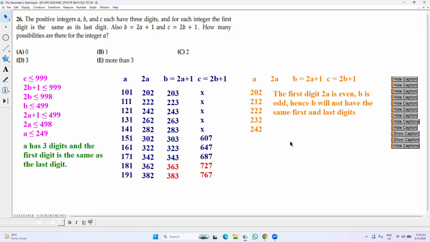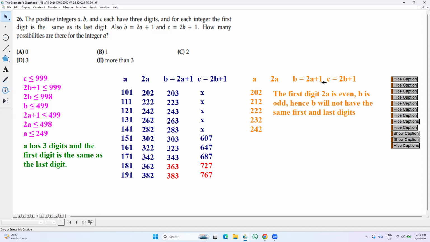If no carry forward, it will remain even. 24, 48 only, it will remain even. Then if we add 1, all of these will become odd. So 2A is even, B is odd. Hence, B will not have the same first and last digit, because the first digit is always even and the last digit always odd.